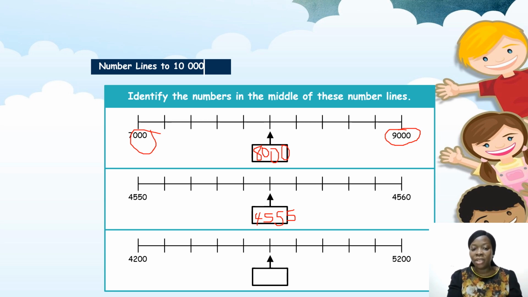So we just keep counting in hundreds. So 4,200, 4,300, 4,400, 4,500, 4,600, and this is 4,700. If you got it all correctly, give yourself a thumbs up.